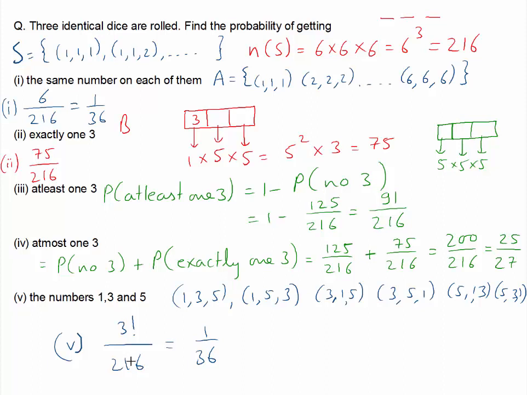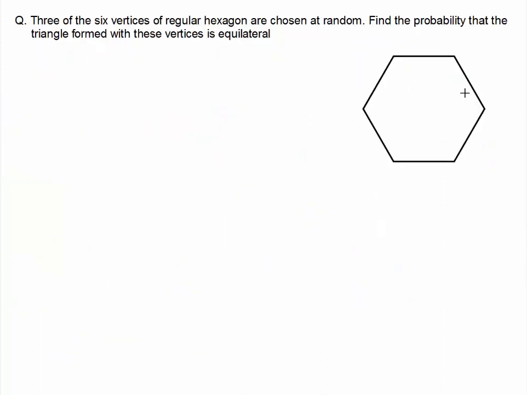Let's do a few more questions. We are given a regular hexagon. Now 3 of the 6 vertices of the regular hexagon are chosen at random. So the number of elements in the sample space would be the number of ways we can select 3 out of 6 vertices.